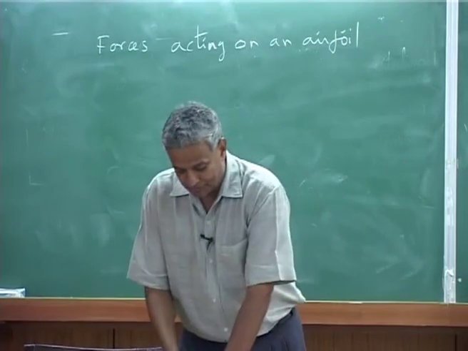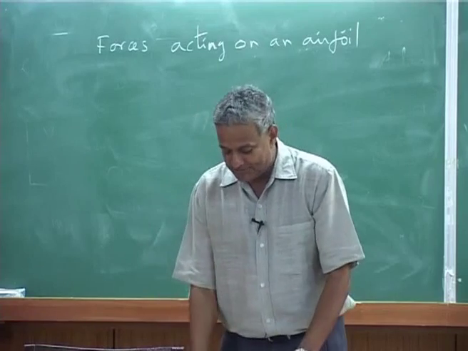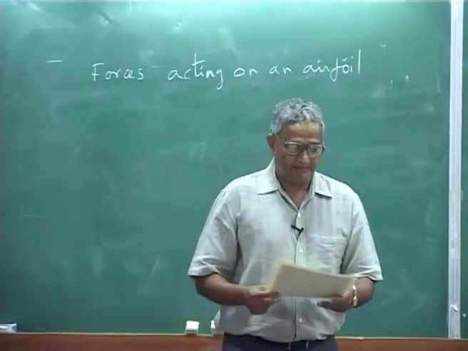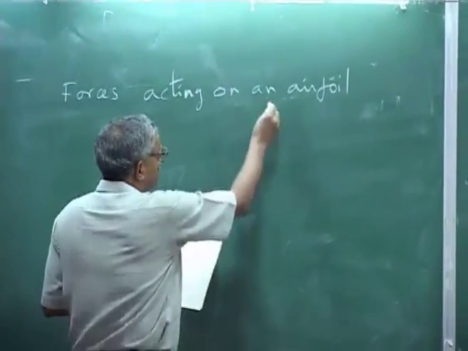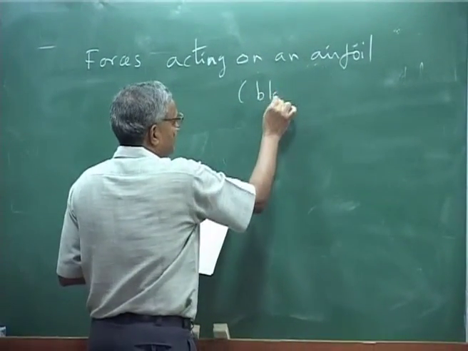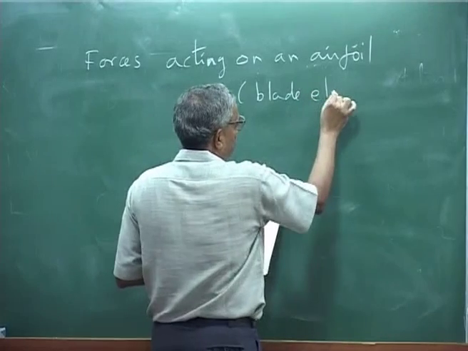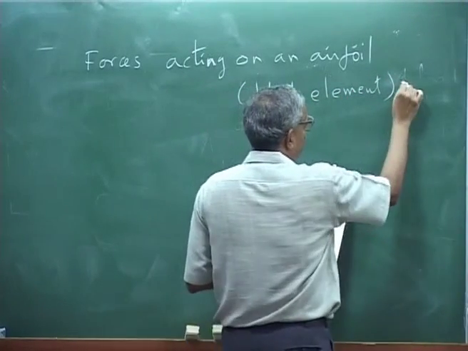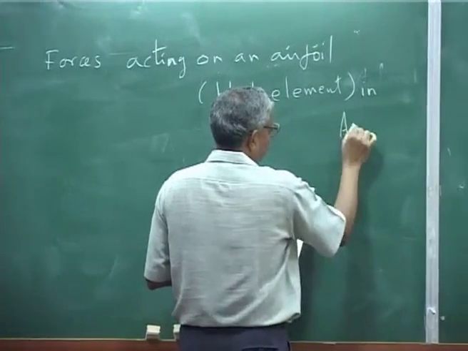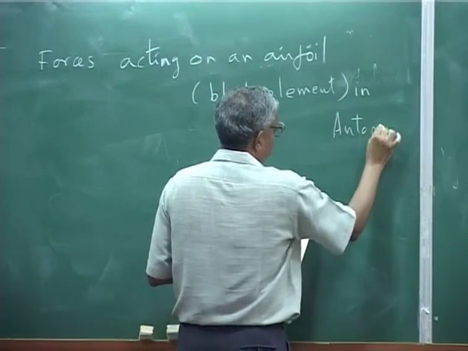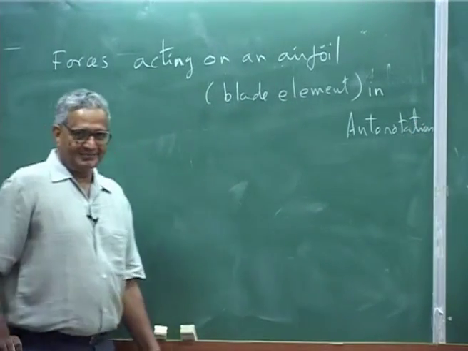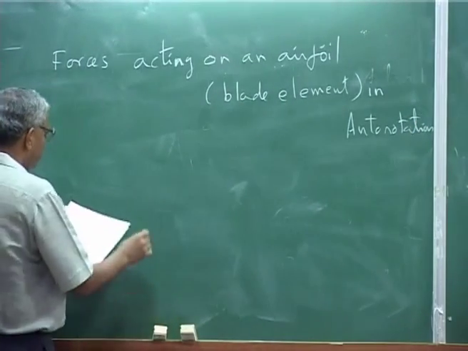which is coming down. So, essentially I am taking a section, or you can say a blade element, in autorotation. I will first draw the diagram.